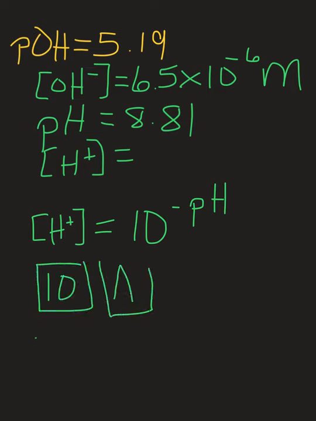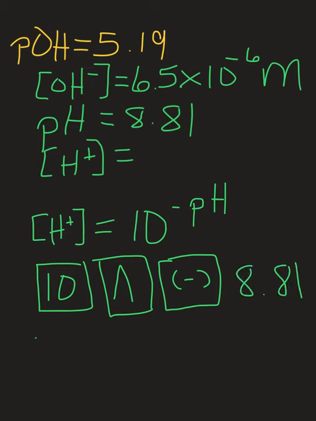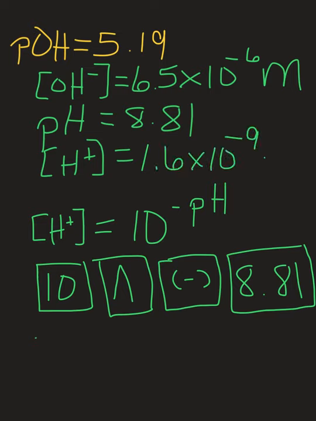Hit the exponent key. Hit the negative key. Then you're going to type in the pH, 8.81. So once we hit equals, you should get 1.6 times 10 to the negative 9 molar.